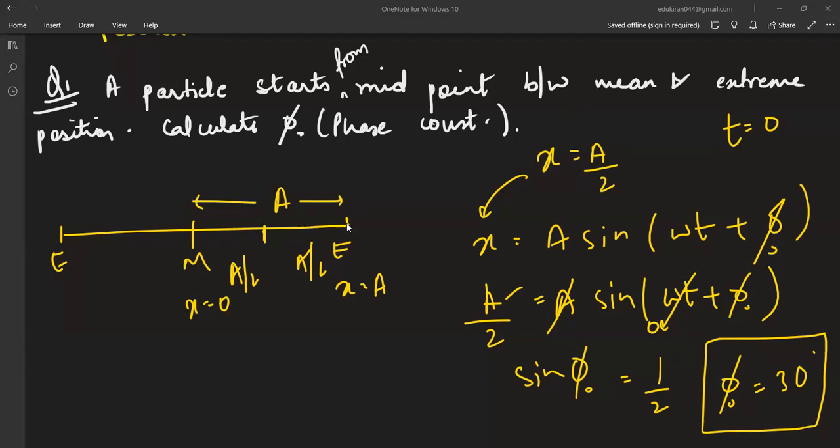You are not aware whether the displacement has reached the mean position or not. It is just starting from the extreme position. If you are aware of the fact that it is reaching the mean position, then automatically in your calculations you will notice that extreme position is coming the same and mean position is also coming the same.